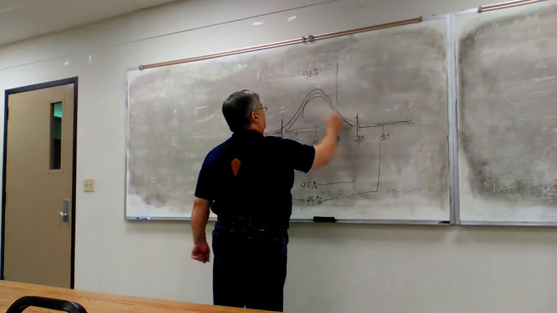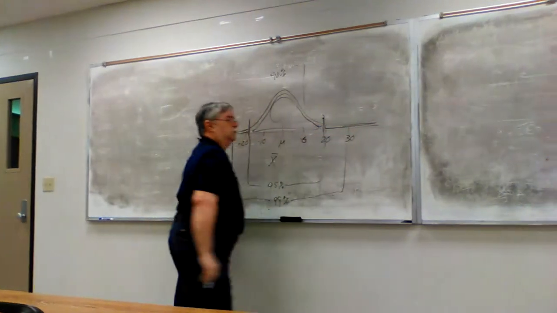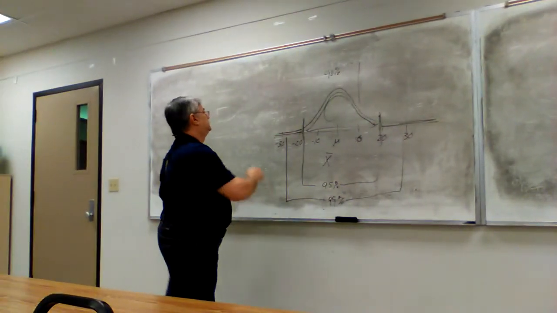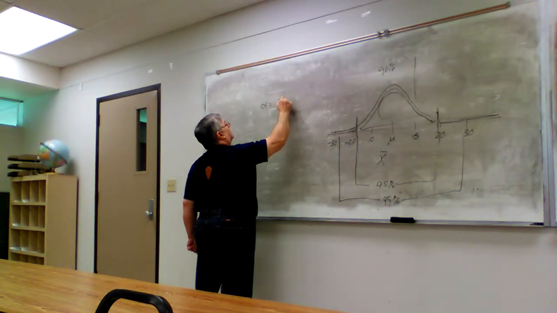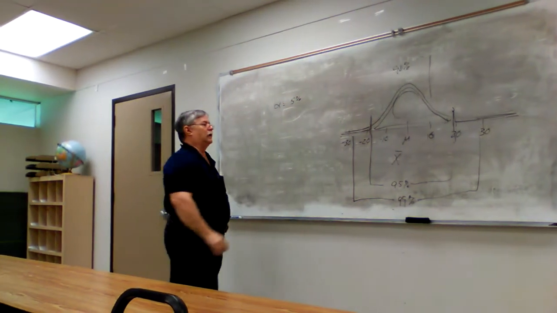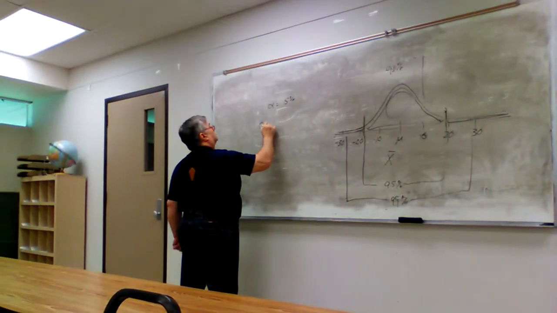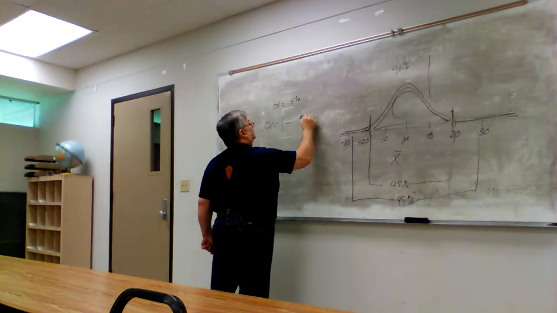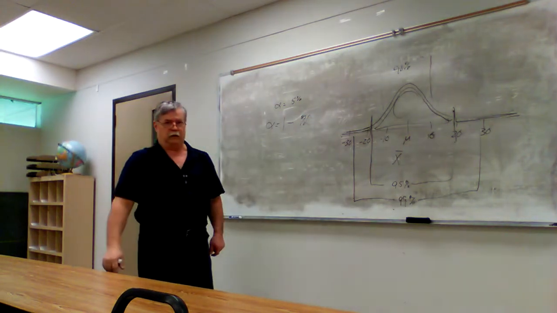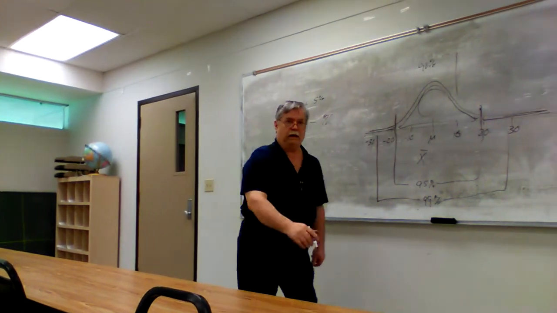If this is 95%, then all of this plus all of this equals 5%. Okay. Or our confidence level.